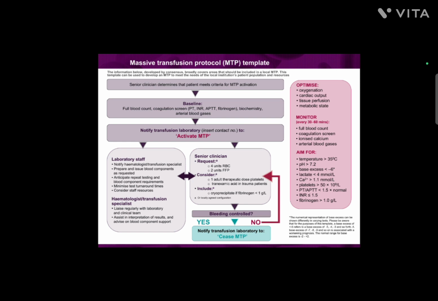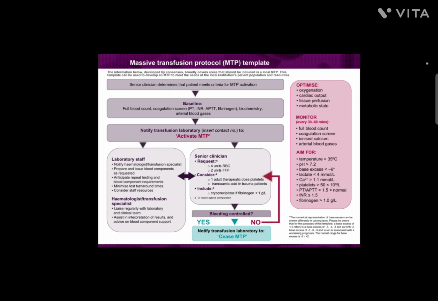When we are sending the lab investigations, we have to particularly check the coagulation screen and the HB levels, and at the same time arterial blood gas levels. Also don't forget to check the electrolytes, particularly ionized calcium.